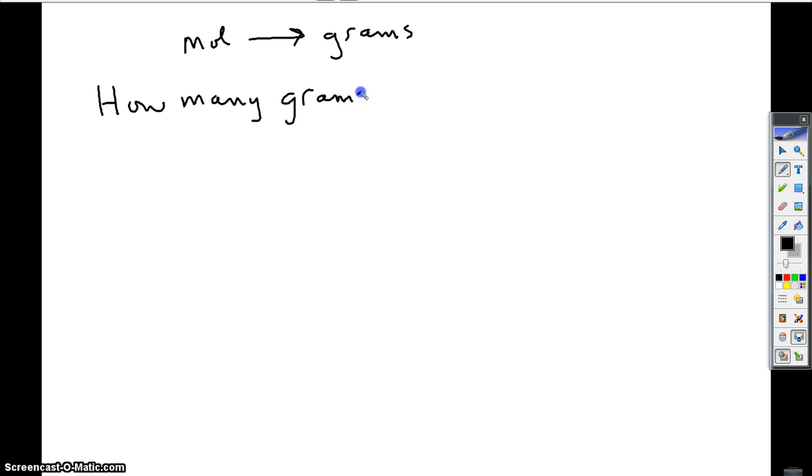So now we're going to go moles to grams, and the setup is almost identical. How many grams are in 3.2 moles of glucose.